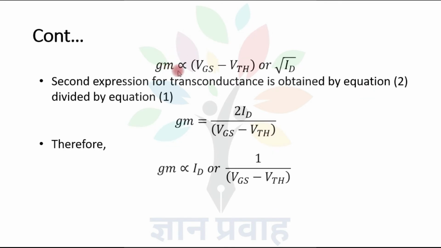And the second expression for transconductance is obtained by equation 2 divided by equation 1, that is gm equals 2ID upon VGS minus VTH. From this equation we can see gm is proportional to ID or 1 upon VGS minus VTH. These are the two variants for transconductance.